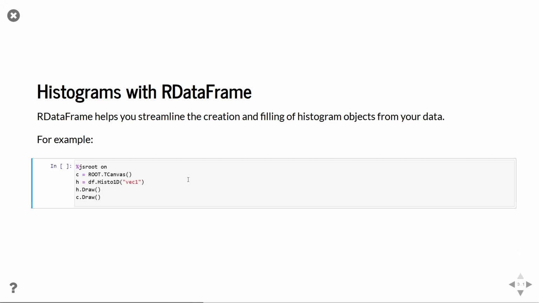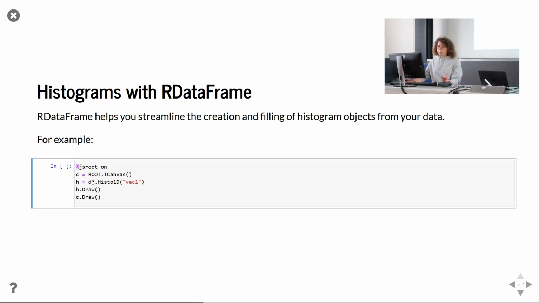So for example, and again, we use Geo's root, it looks very similar to what you already saw. We have to create a canvas, but now what we do differently is we already have the data frame, and really only what we need to do, if for example, we want to create a histogram showing the contents of vec1, is call dataframe.Histo1D, and then the name of the column we want to create the histogram for. And then we can draw it and draw the canvas as usual.